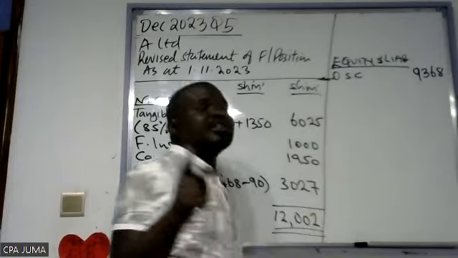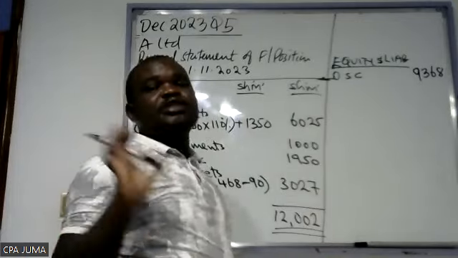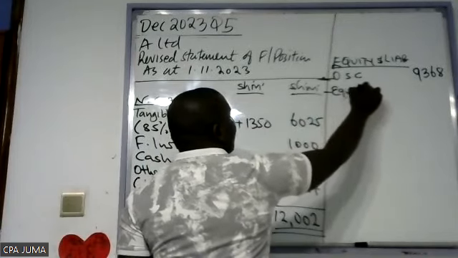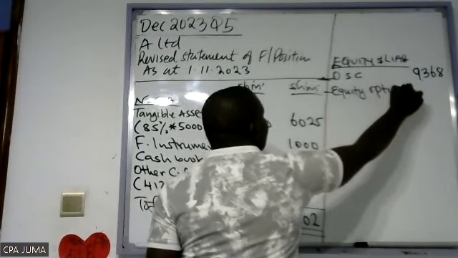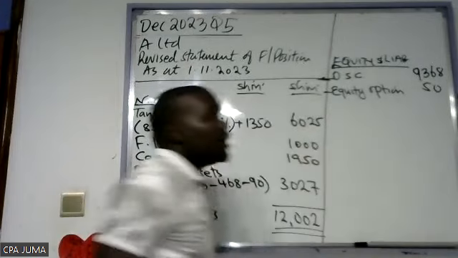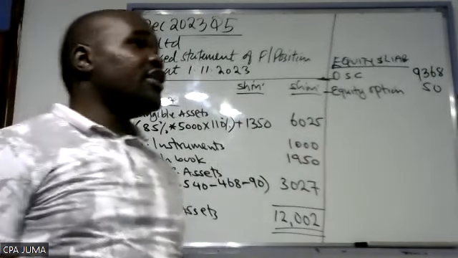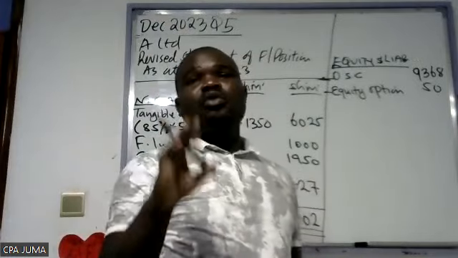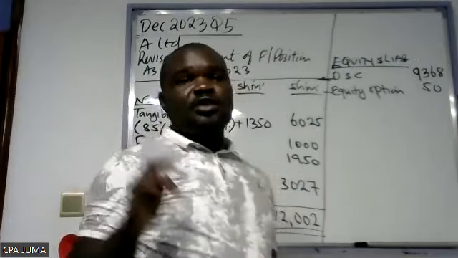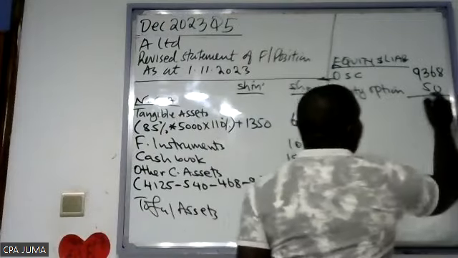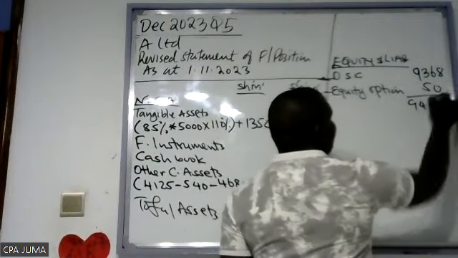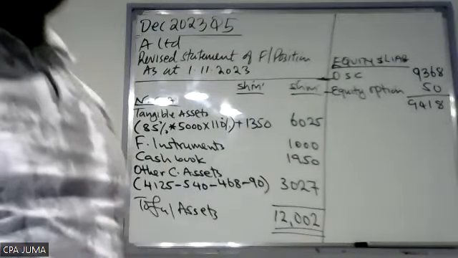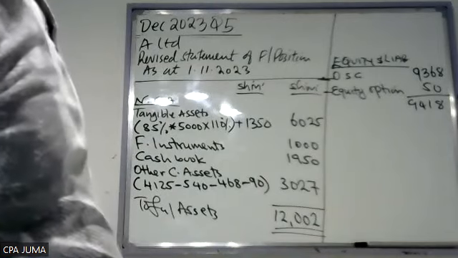Then, when we discounted the debentures, there was an excess of 50. So that's equity. When we discounted any financial instrument, you realize there's a variation with the actual proceeds. That difference is always equity. So here we are talking of 94.18.